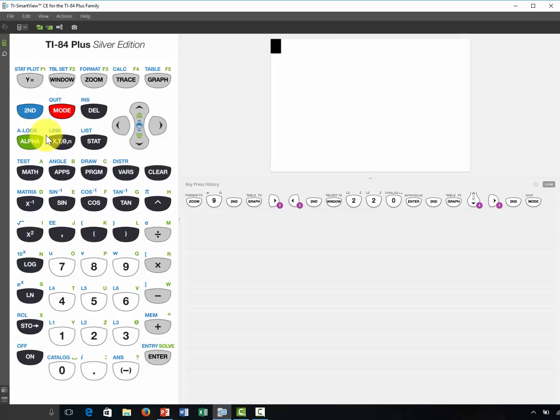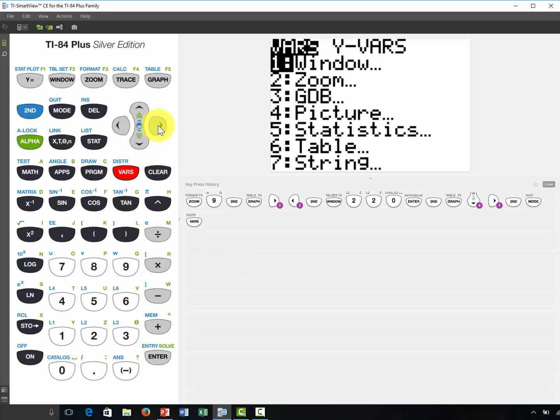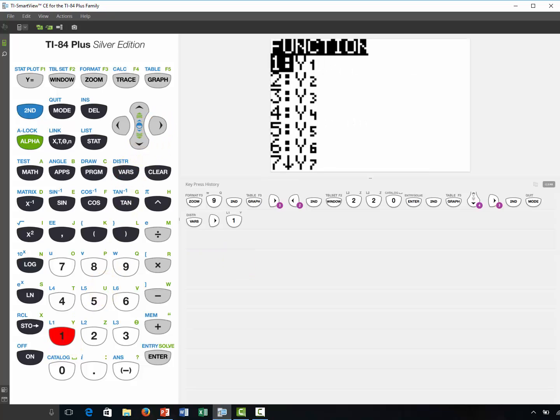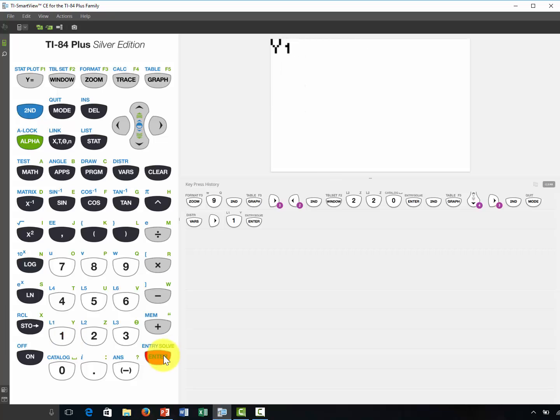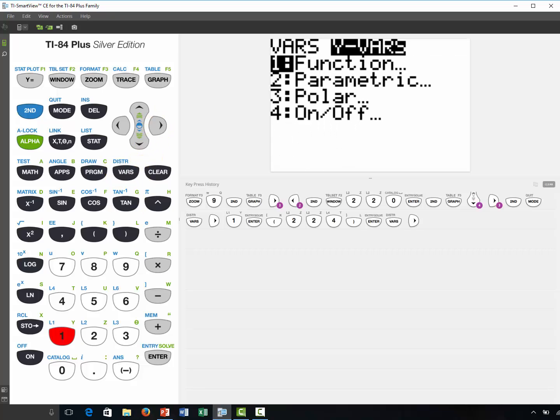There's another way that we can compute the predicted y value without using the table, and that's using the vars key. So if I hit vars and go to y vars, then number 1, that's our linear function, hit enter. I can hit parentheses, type in our t, which is 224, hit enter, and we get the 84.72 million rounded off. For the quadratic, I go back to vars, y vars, number 1 for function.